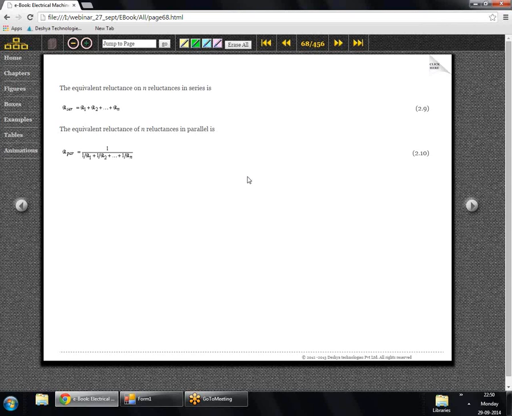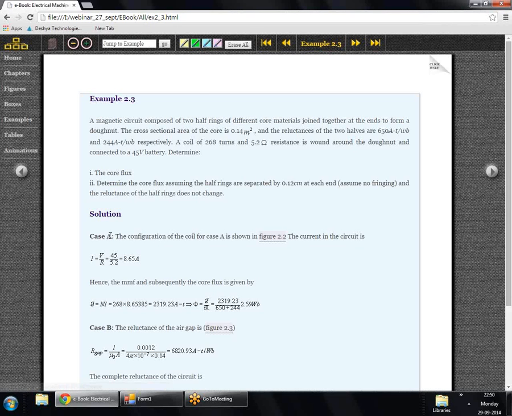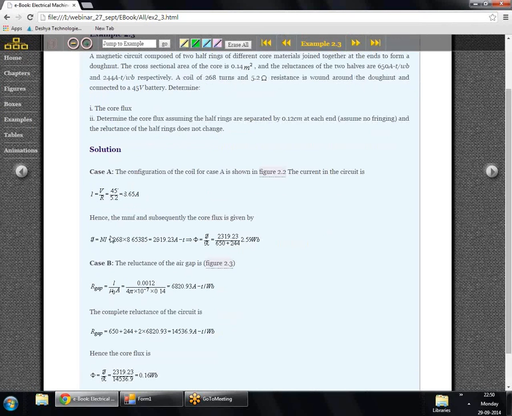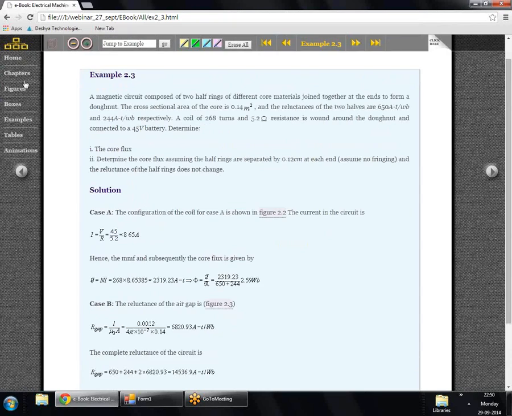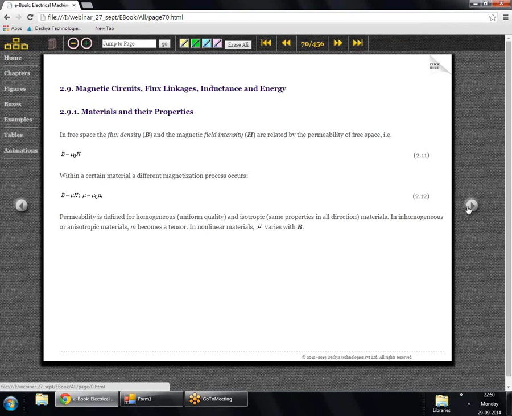This was possible because we have seen earlier that magnetic circuits are analogous to electrical circuits. Now again here we encounter a problem. This exercise helps the student understand the relation between the various electromagnetic quantities we have seen earlier, and we will not go into the details of this example here, but we will continue with our discussion.